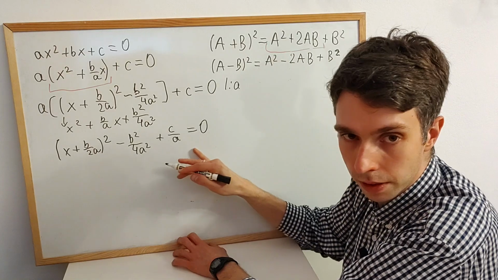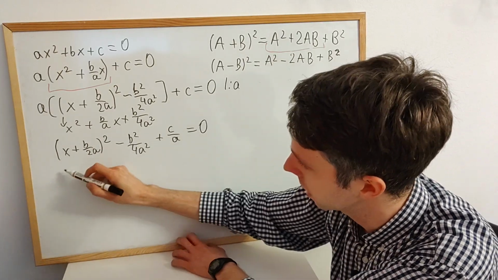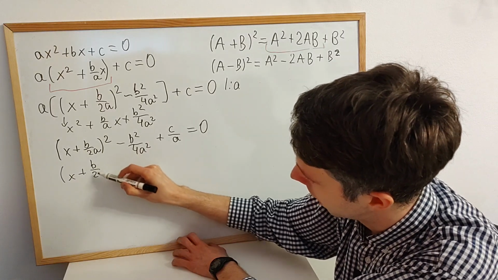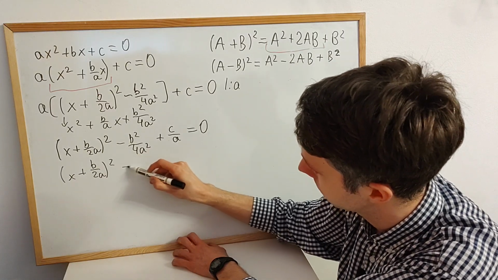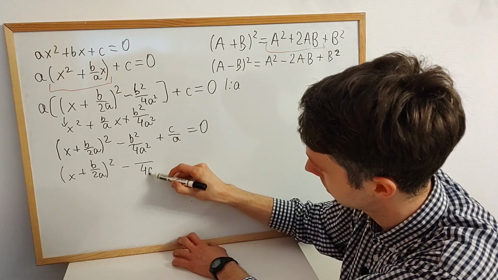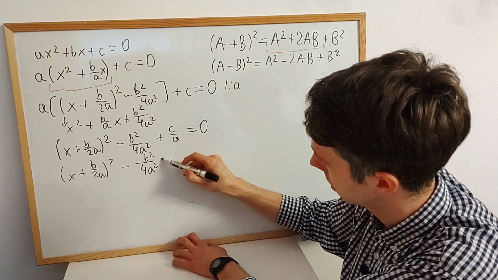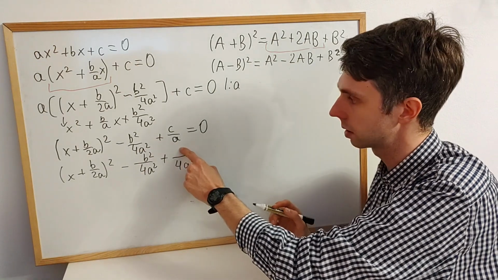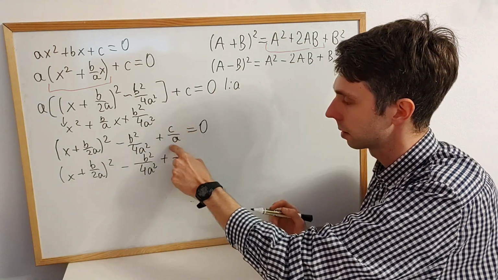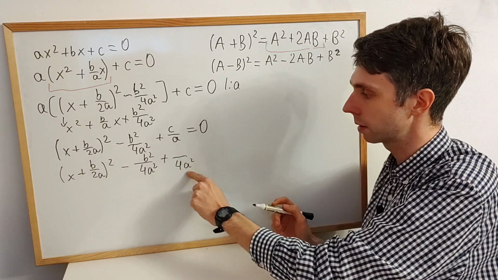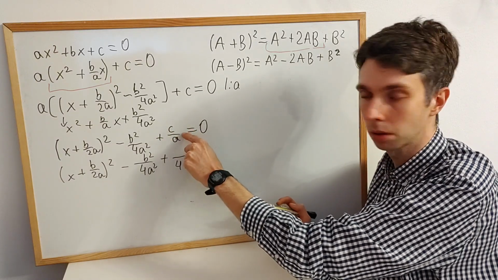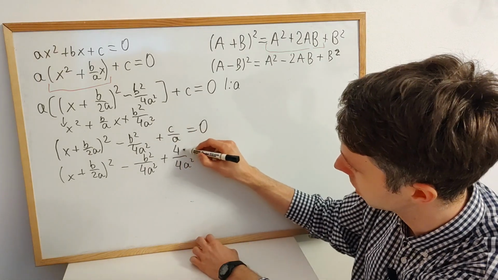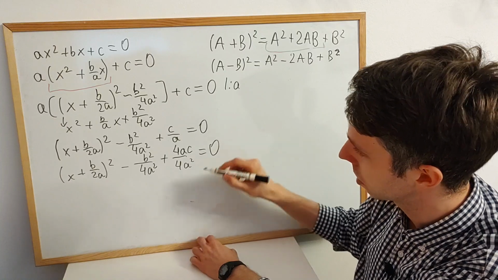Now let's have a common denominator here, so I keep this first bracket unchanged, and here 4a squared is a common denominator, so I multiplied the bottom by 4a, so I also have to multiply the top of this fraction by 4a, so it's plus 4ac equals 0.